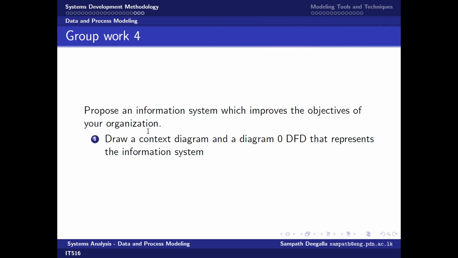So I want you to draw a context diagram as well as diagram 0 DFD, which represents the information system. Right. And also I will open up an assignment submission link so then you can submit your work.